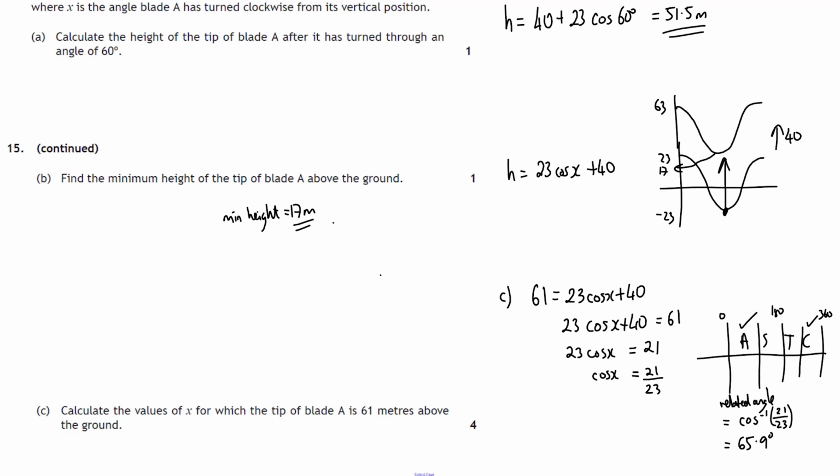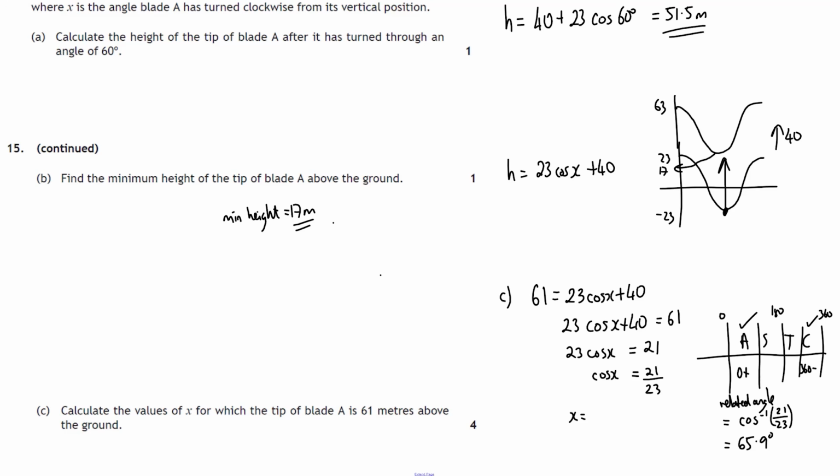Okay, this is a related angle. That's not necessarily going to be one of the answers. Our answers have to fall between these two quadrants, so one in the 0 to 90 and one in the 270 to 360. So our first angle is in the first quadrant, that's 0 plus, and the last quadrant is the 360 minus.